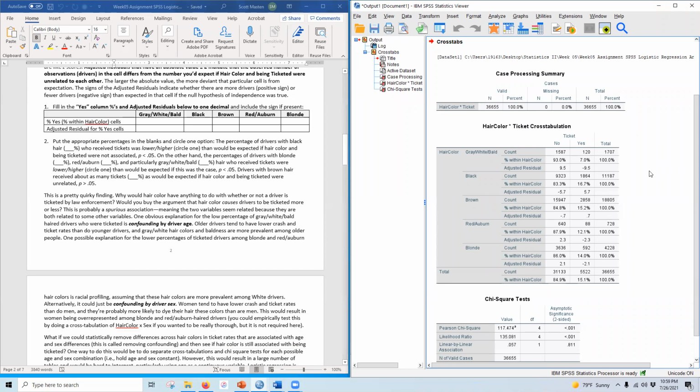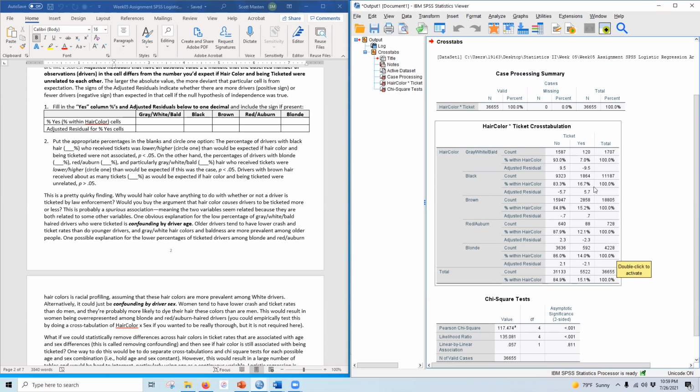First of all, let me do the overall view of how I would look at this if I wasn't baby stepping you. With no and yes, and hair color as rows, I'm going to pick yes and look at the percent who got a ticket in their first year of driving by hair color. 7% of gray, white, bald, 6.7% of those with black hair, 15.2% of those with brown, 12.1% for red, 14% blonde.